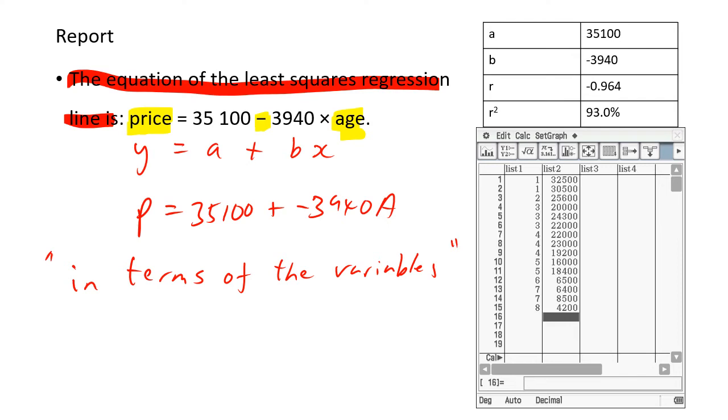If you see that phrase, it means do not use y and x. So this would be wrong over here. But it's fine if you just use P and A. We know what you're talking about, but definitely make sure you don't do plus negative, you just do a negative.